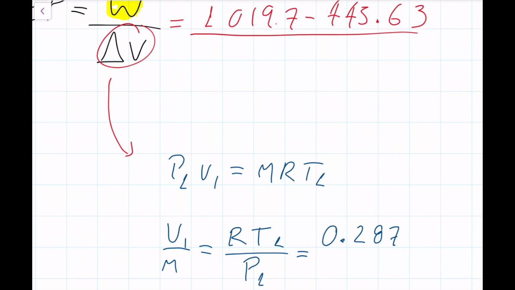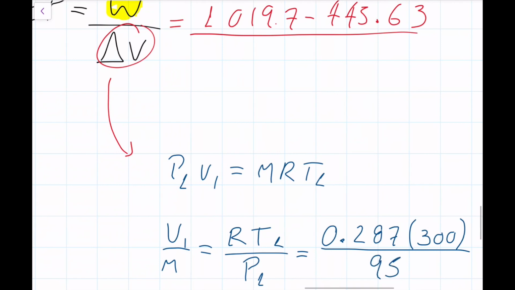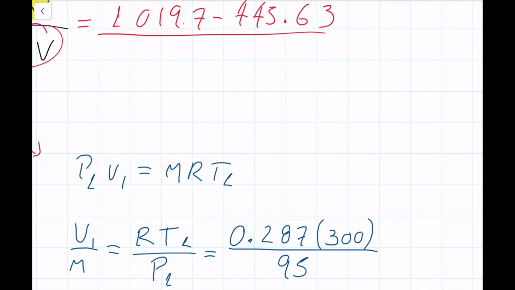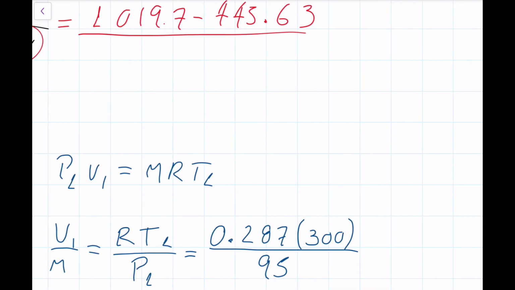That's 0.287. Our temperature for the first state is 300 Kelvin, and our pressure on the initial one is 95 kilopascals. So with that we can get V1 over m, which is the specific volume, in meters cubed per kilogram, and I have this as 0.906.